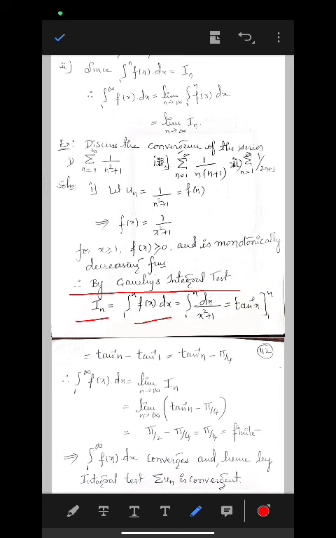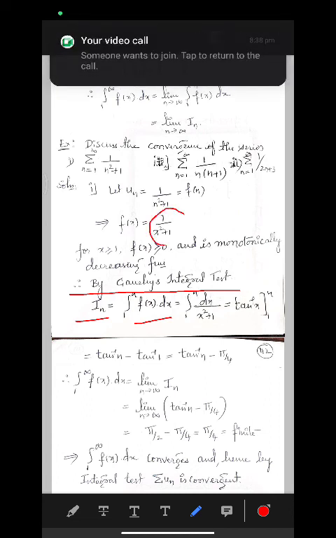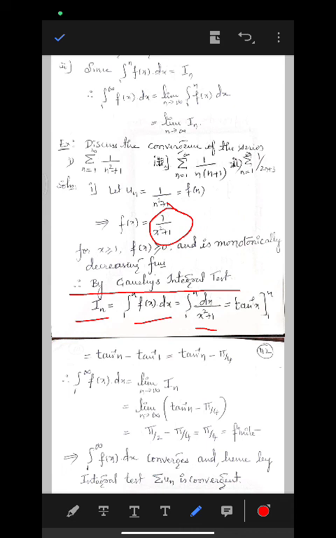Take that integration over 1 to n, which gives us dx divided by x square plus 1. We already know the integration of 1 divided by x square plus 1 is tan inverse x. So tan inverse n minus tan inverse 1, that is tan inverse n minus pi by 4.